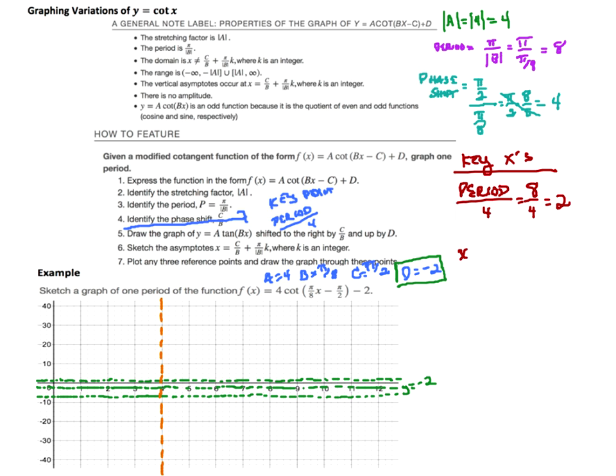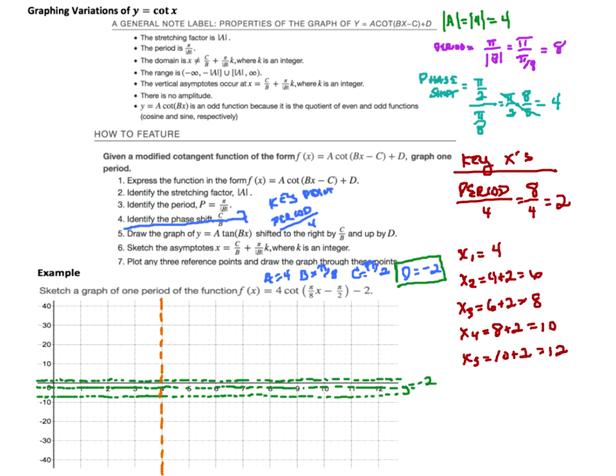My first key x value is 4 because I had that phase shift of positive 4. My second one is 4 plus 2, which is 6. My third one is 6 plus 2, which is 8. And my fourth one is 8 plus 2, which is 10. And finally, my fifth one is 10 plus 2, which is 12.